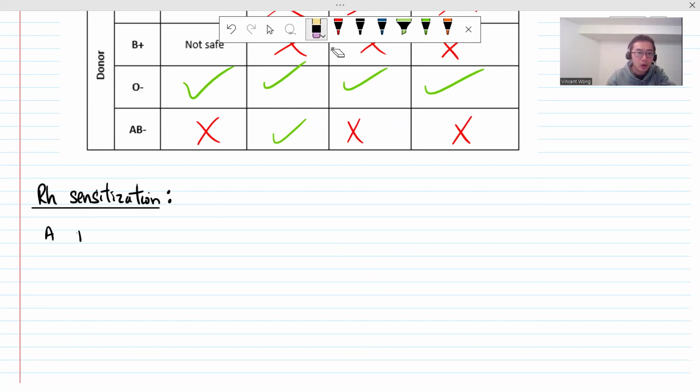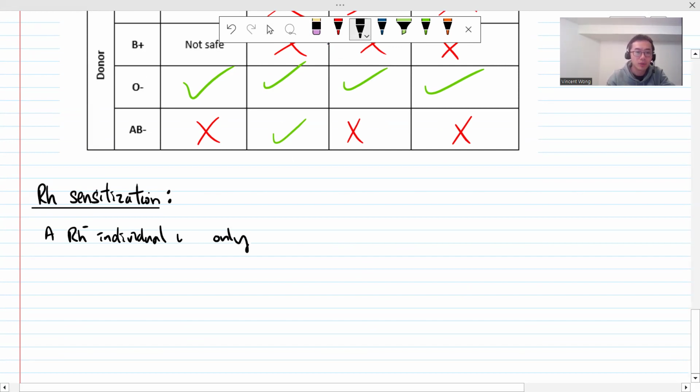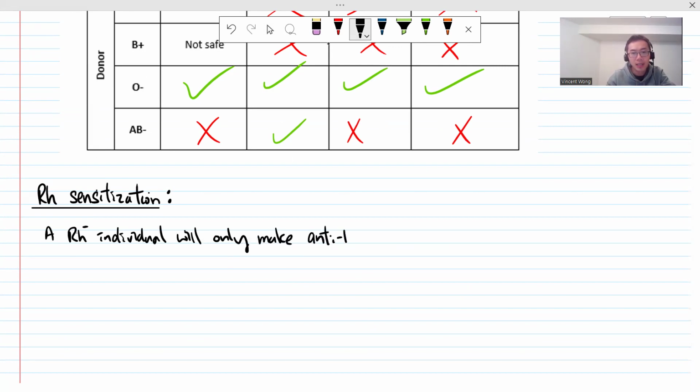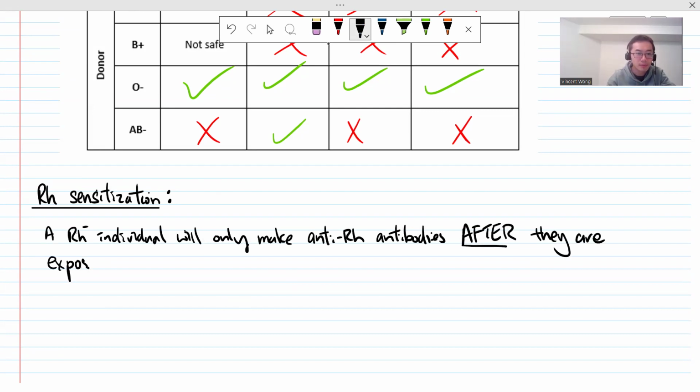An Rh negative individual will only make anti-Rh antibodies after they are exposed to Rh positive blood.